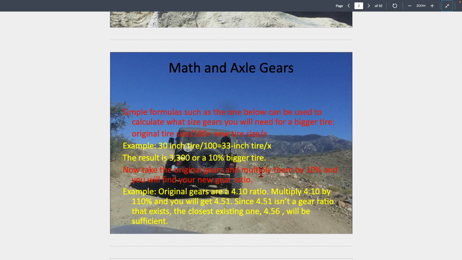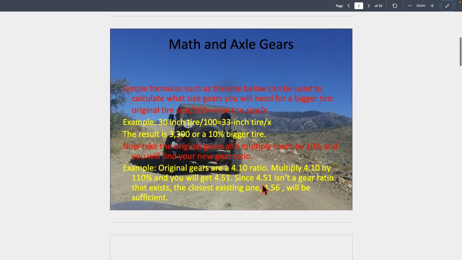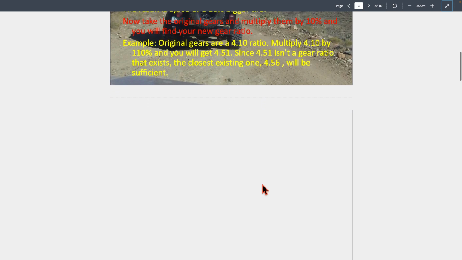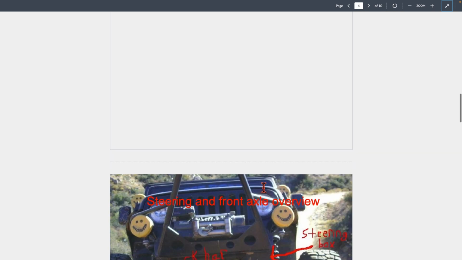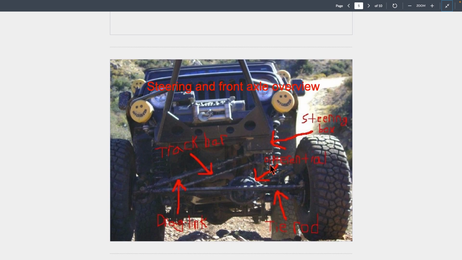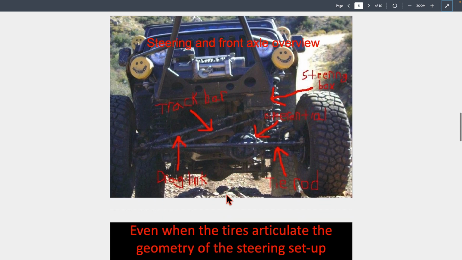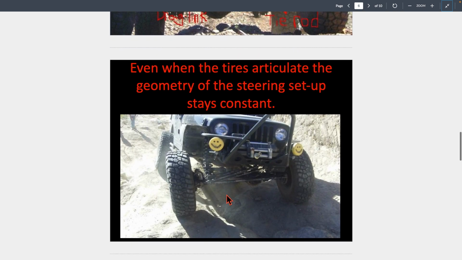All the numbers involved, bigger tires, how he did the lift, how he got all the angles and stuff. He shows you the geometry, how everything has to work just right, and then the weekend before he was going to give his demonstration.